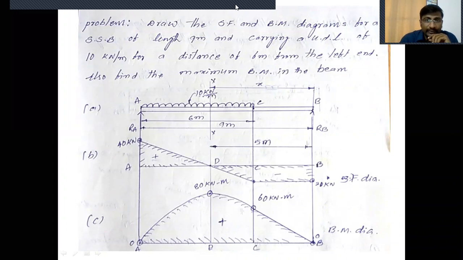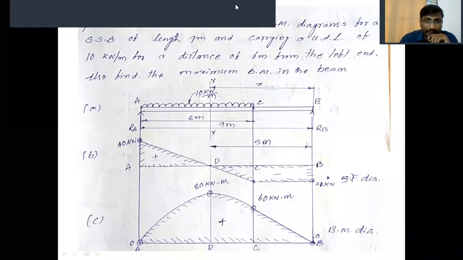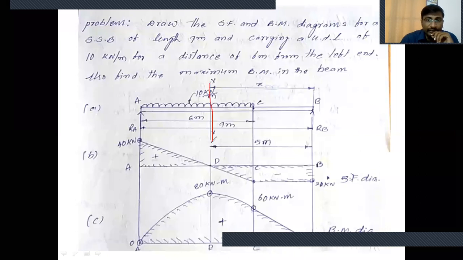If we take a section XX at a distance of X, then after finding X, we can get the zero shear force location. So write down the shear force equation at XX, then equate that equation to 0. Then we can get the X value. That X value is 5 meters, I am getting.